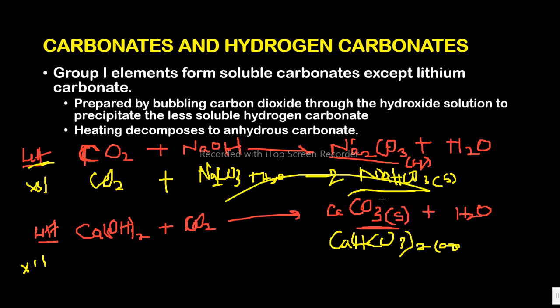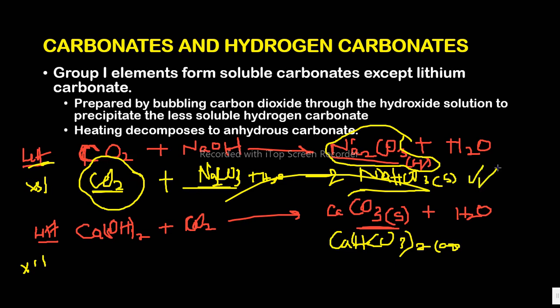So now also here, if you want to prepare sodium carbonate, we shall add excess carbon dioxide in sodium hydroxide to produce the precipitates of sodium hydrogen carbonate.